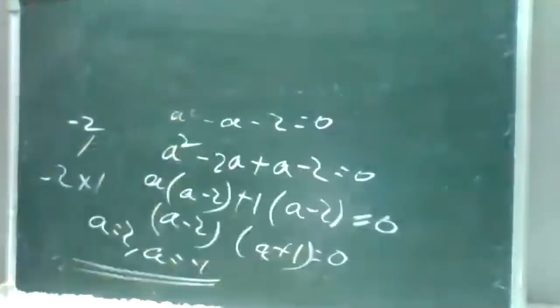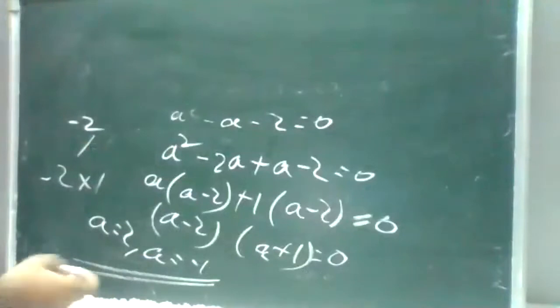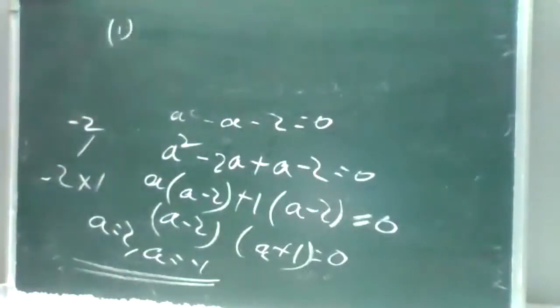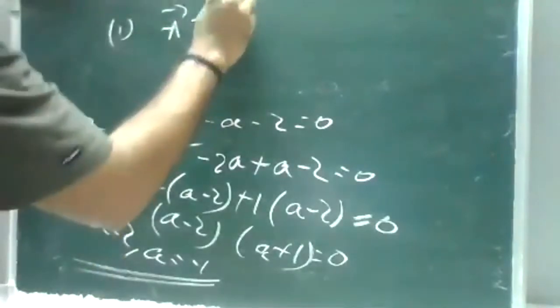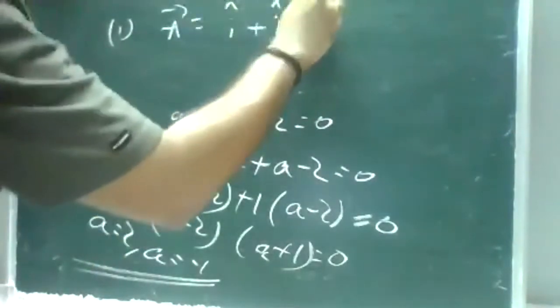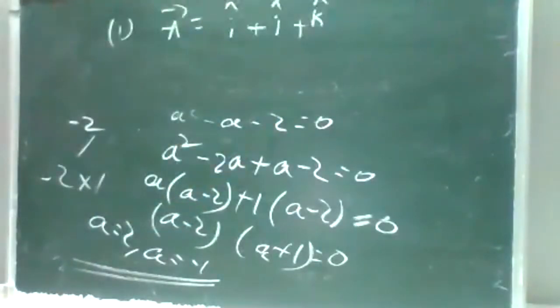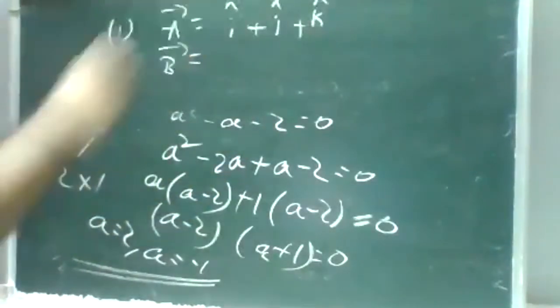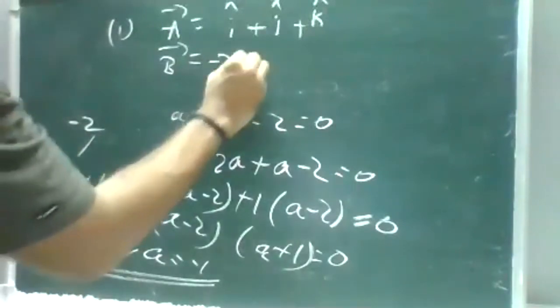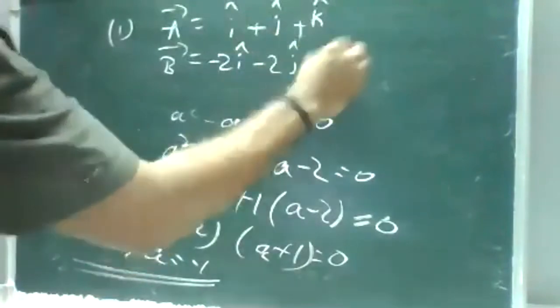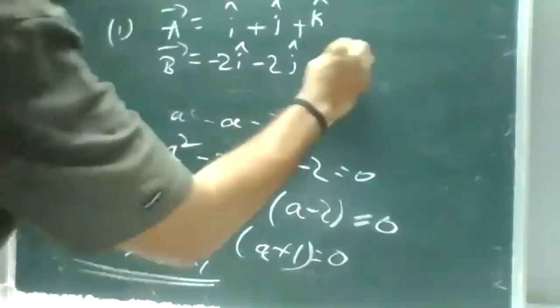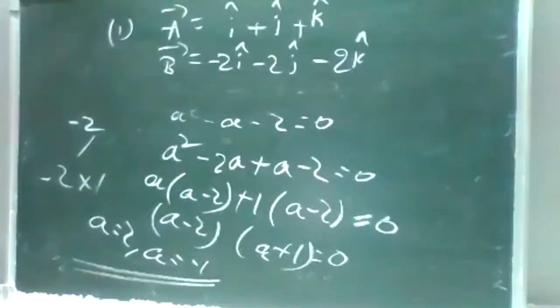Find the angles between the following pairs of vectors. First one, A vector equal to i cap plus j cap plus k cap, and b vector is equal to minus 2i cap minus 2j cap minus 2k cap. So we are going to find the angle for these two vectors. Now, second question.